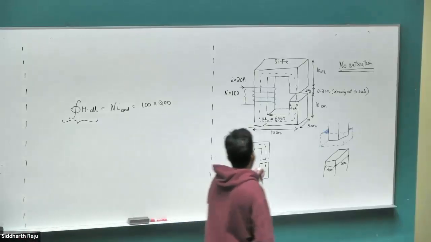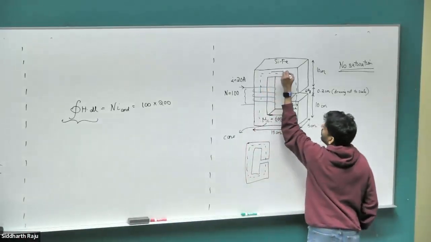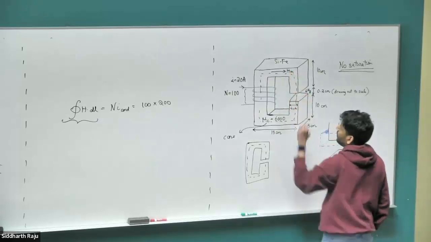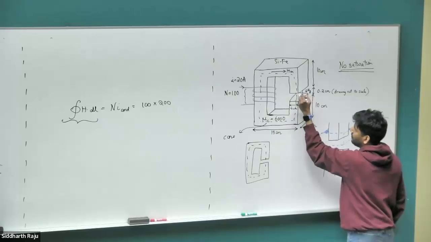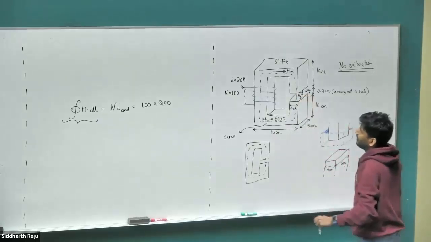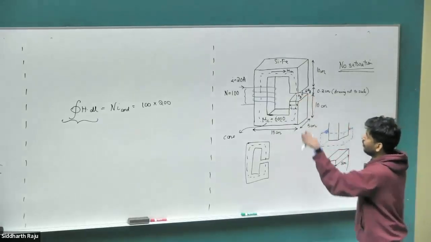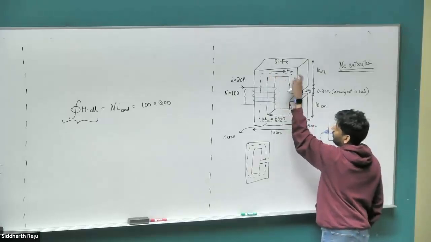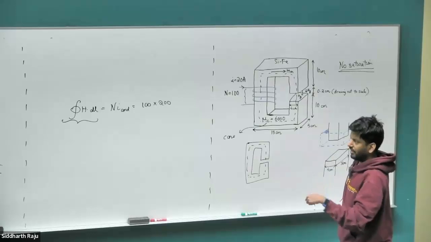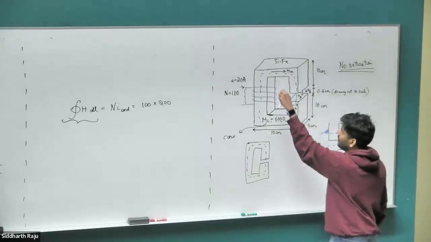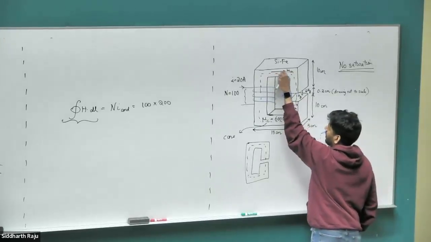So let's assume the magnetic field inside the core is HM and the magnetic field in the air gap is HG. There is no reason that HM needs to be constant throughout the length of the core, but for now, for simplicity, let's assume that HM is constant, and later we'll prove that HM will remain the same across the length of the core.